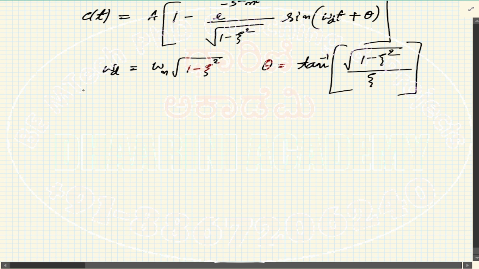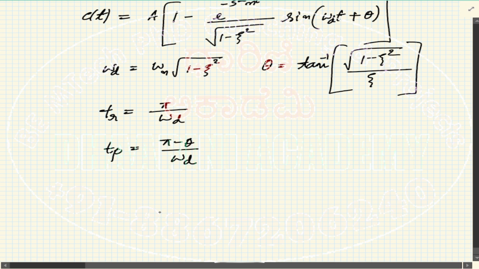Let's write the terms one by one. If you want to calculate the rise time, this is the equation: pi by omega d. Then let's go for the peak time. So TP is equal to pi minus theta by omega d.